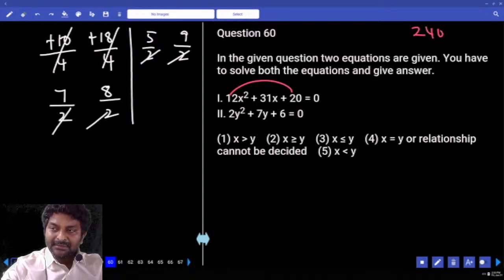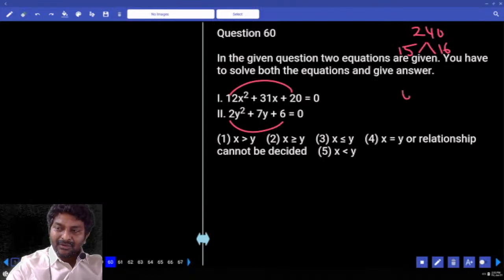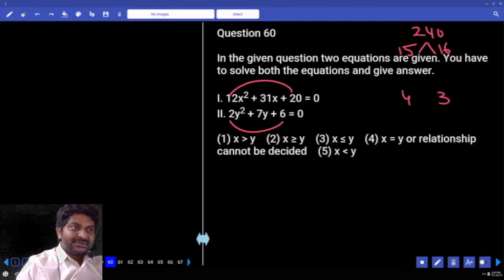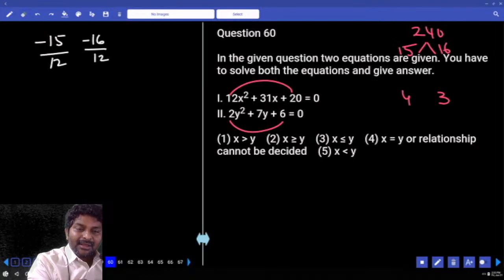240. 15, 16 times. Product is 12. 4, 3 times. Then factors are minus 15, minus 16 divided by 12. Now it is minus 4, minus 3 divided by 2.